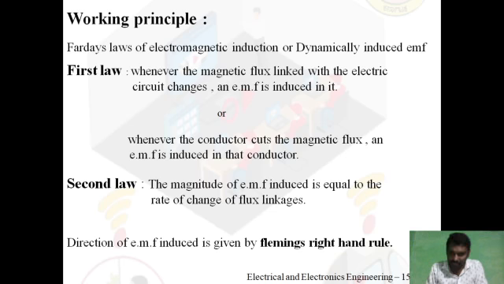That one also we have seen. And the direction of EMF induced is given by Fleming's right hand rule. So based on Faraday's laws, the DC generator operates. Now let us discuss in detail.